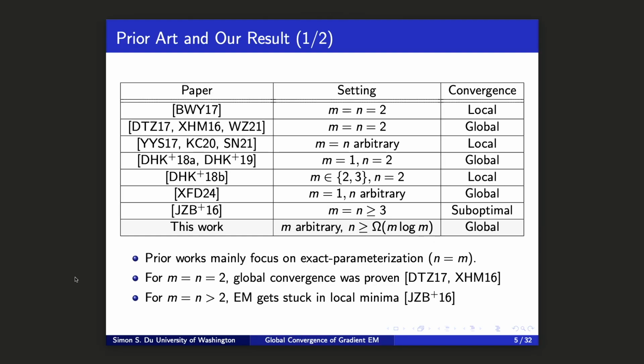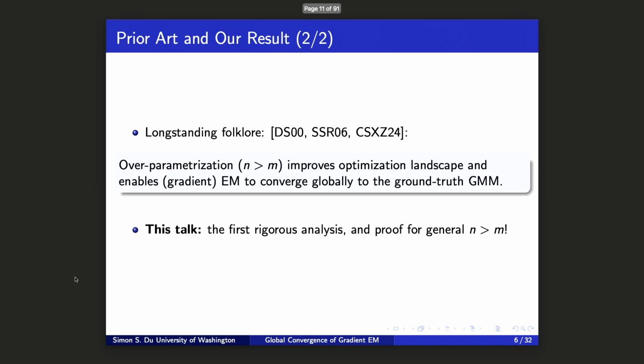That's why we have this m log m term here. Then we can establish global convergence from random initialization. You just run gradient EM, and you can recover the ground truth probability distribution. That's our main result.